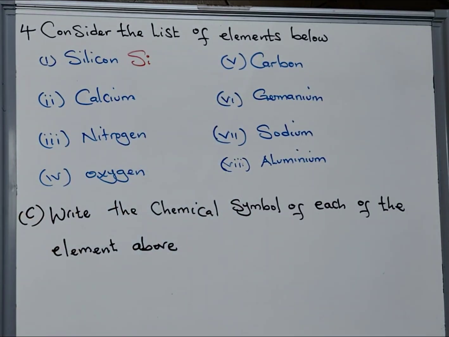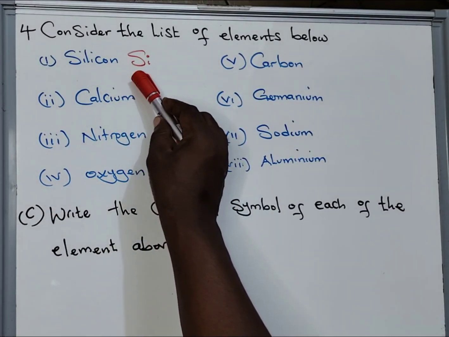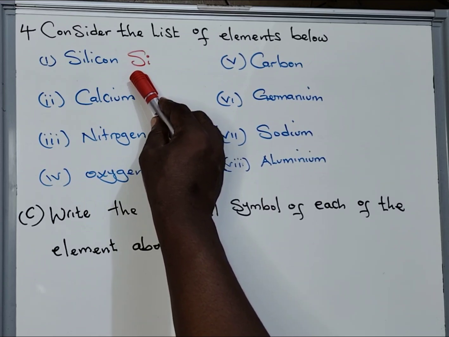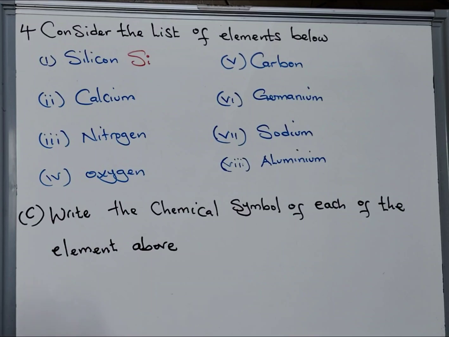We have to remember that when you are writing the chemical symbol, it can be one letter or two letters. If it is one letter, it's supposed to be a capital letter. And if there are two letters, the first one is a capital and the second one is a smaller letter. So in other words, for silicon, there are two letters. The first one is a capital letter and the next one is a smaller letter.